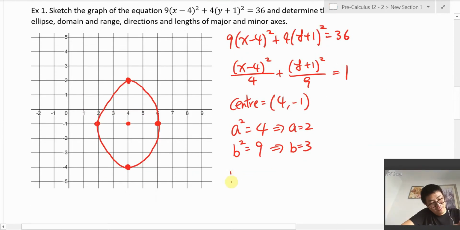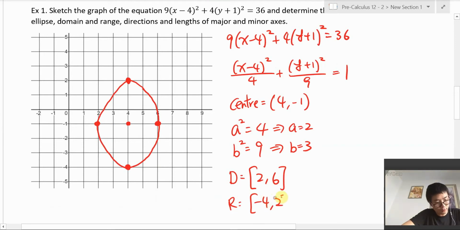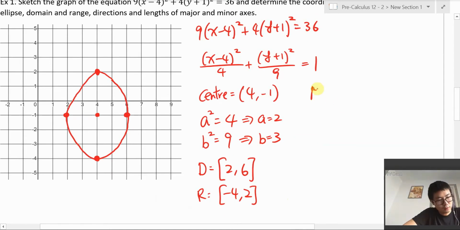Domain, I'm going to write in interval notation today. Domain goes from 2 to 6. And range goes from bottom to top, so negative 4 to 2. We are also looking at the directions and lengths of the major and minor axes. The major axis is, in this case, vertical.